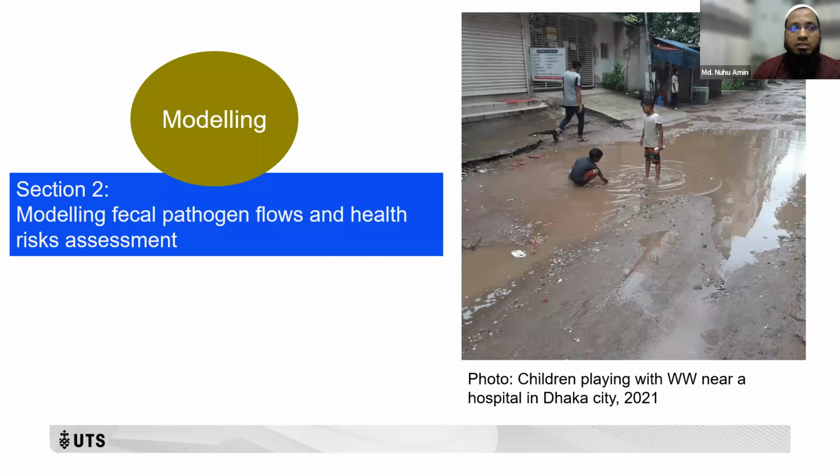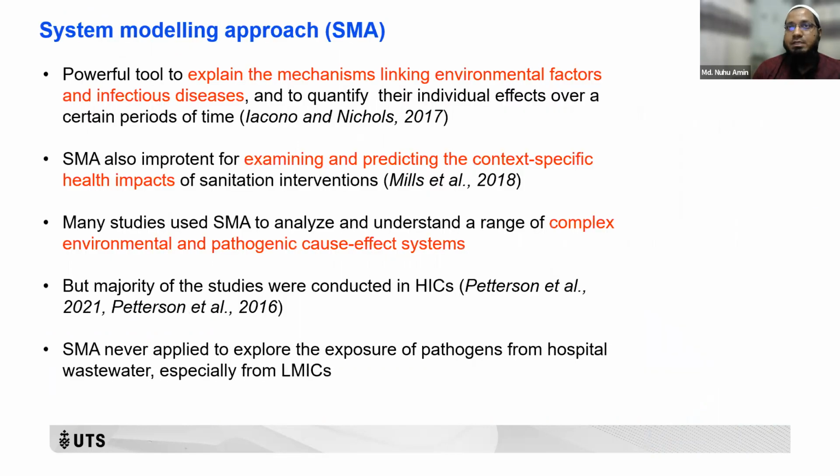So let's talk a little bit about the modeling part. Just a brief overview: modeling is a powerful tool to explain the mechanism linking environmental factors and infectious diseases. The system modeling approach is also important for examining and predicting context-specific health impacts.